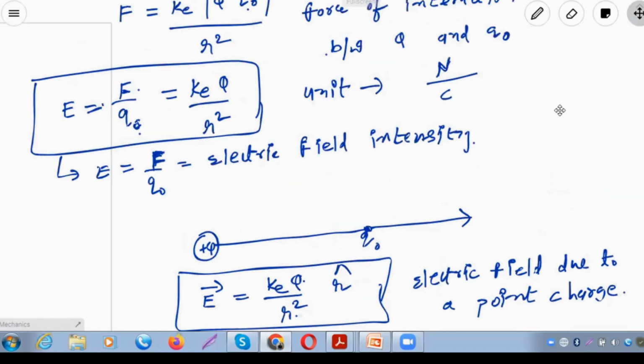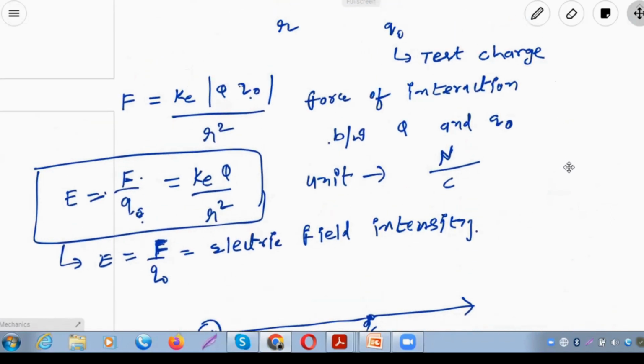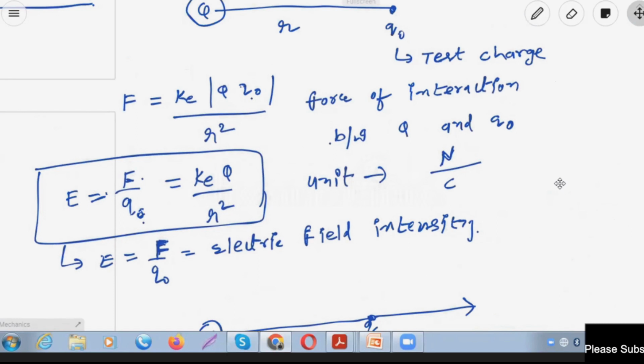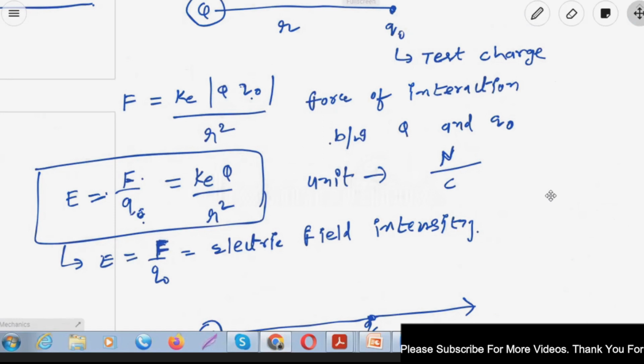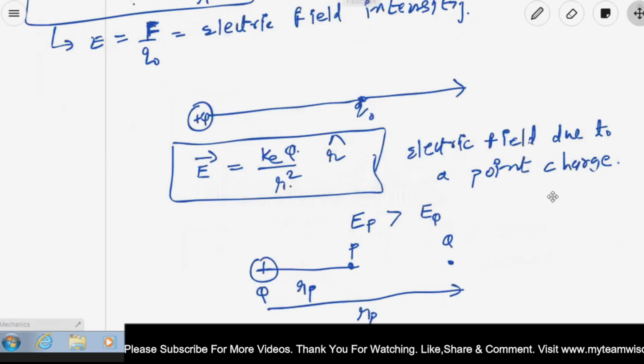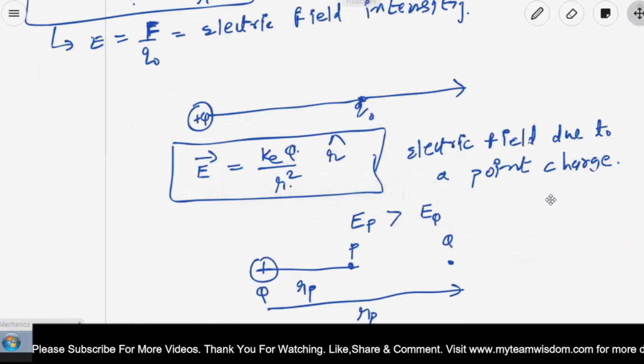See, electric field intensity can be defined as the amount of electric force per unit test charge. That means it is like a strength, with what strength it will interact.